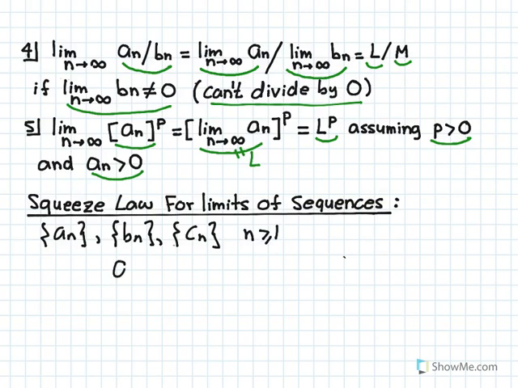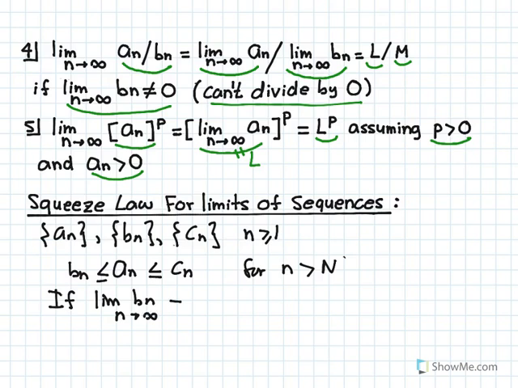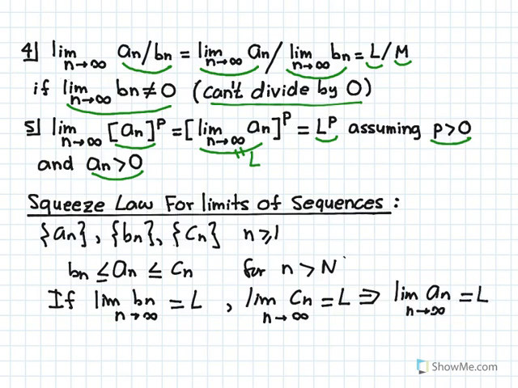Let's also assume that an is between cn and bn for n larger than some capital N. Now, if the limit of bn as n goes to infinity is equal to L, and also the limit of cn as n goes to infinity is also equal to L, by the squeeze law, the limit of an as n goes to infinity is also L. And that's because an is squeezed in between bn and cn.